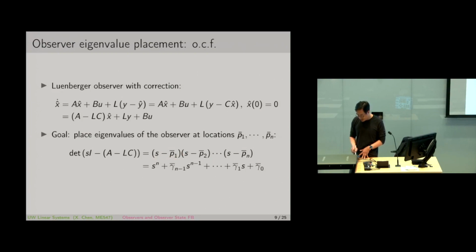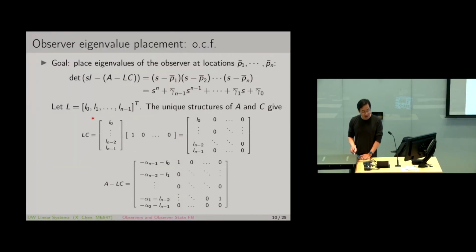We want to design the determinant of sI minus (A minus LC) to be the product of s minus all these closed loop eigenvalues. If you give me p1 bar to pn bar, then I can compute the coefficients for this polynomial, gamma bar. Right? That's our goal. You give me p1 bar to pn bar, I'm going to tell you L.